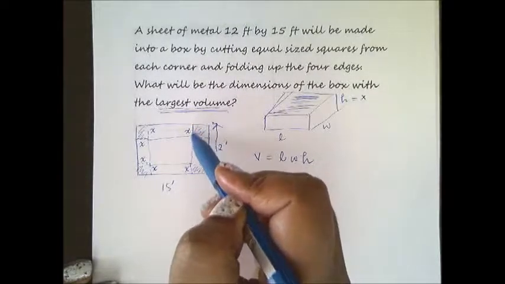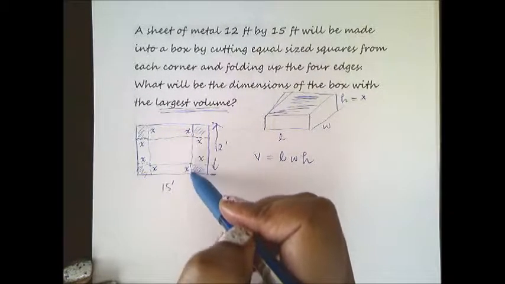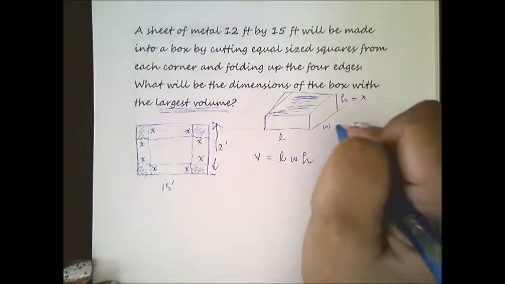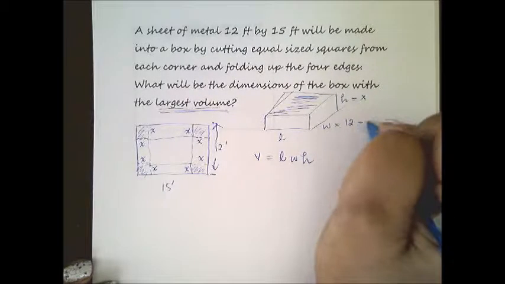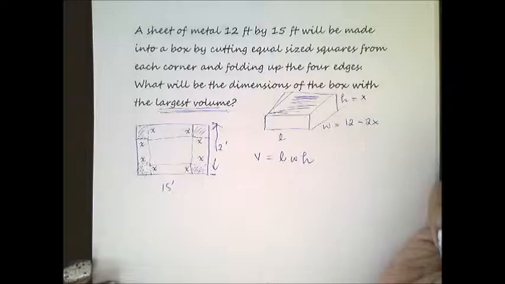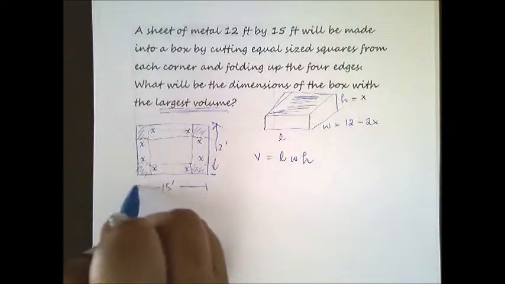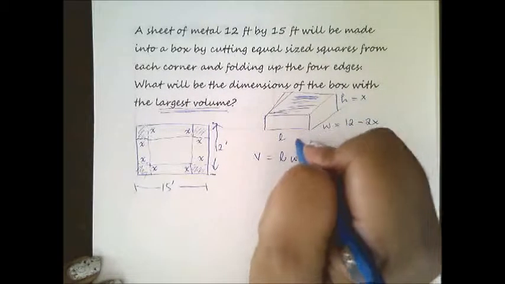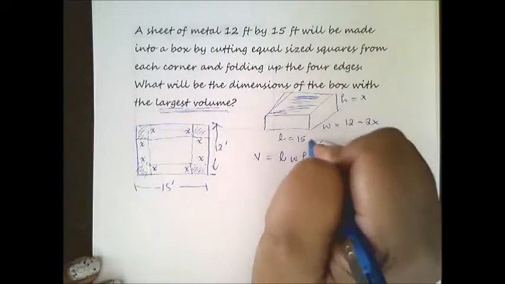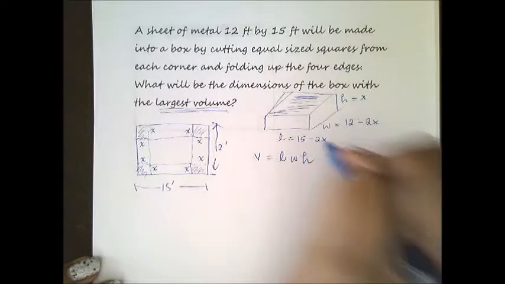So I'm going to cut off x on this end and x on that end. So the width is actually going to be 12 minus 2x, because I'm cutting off 2x's representing the two squares on each end of the side. And I'm going to do the same thing over here, the 15-foot side. That's going to be equal to 15 minus 2x.